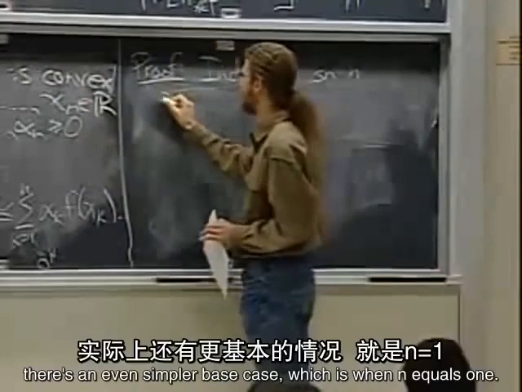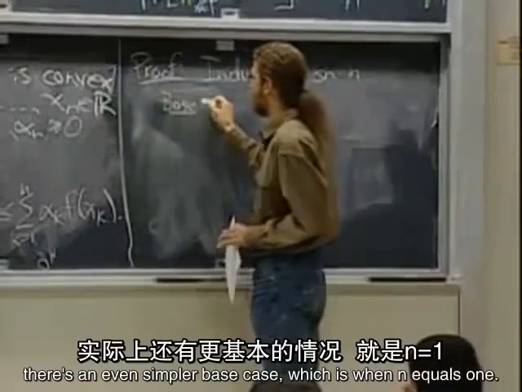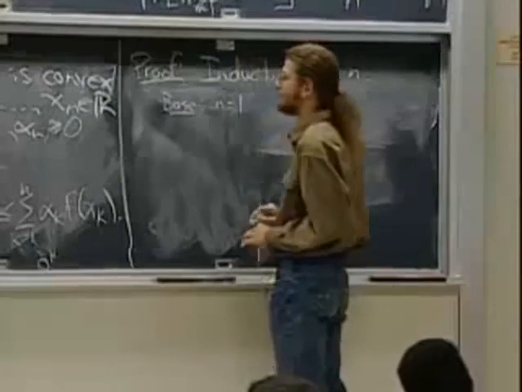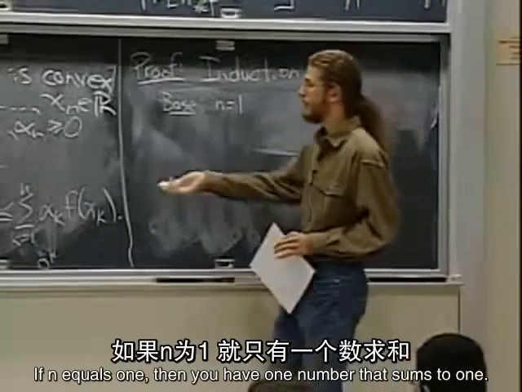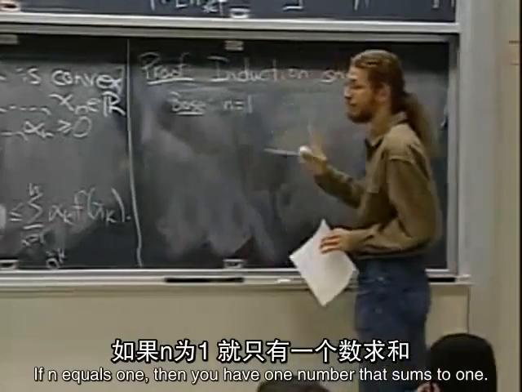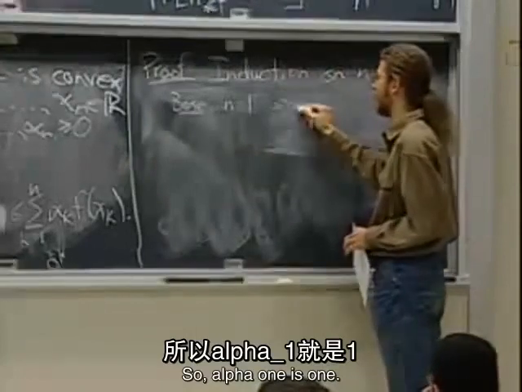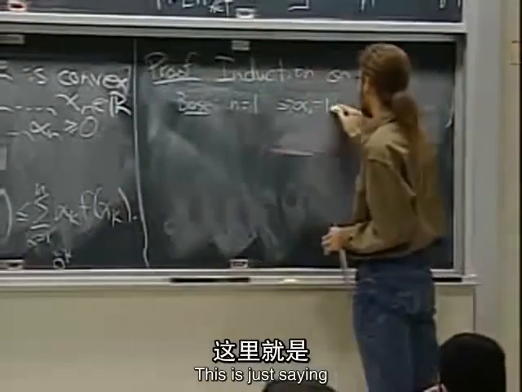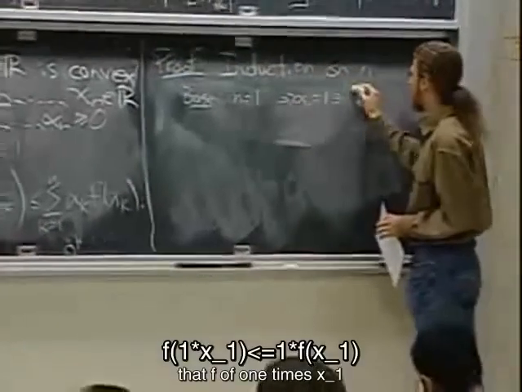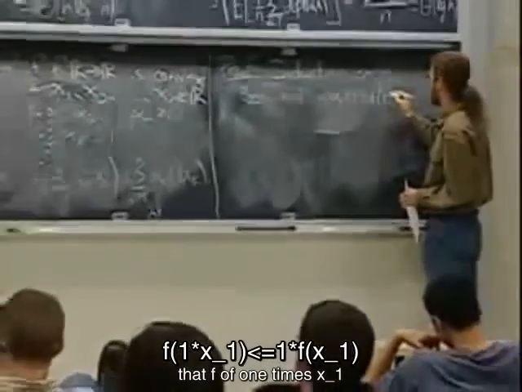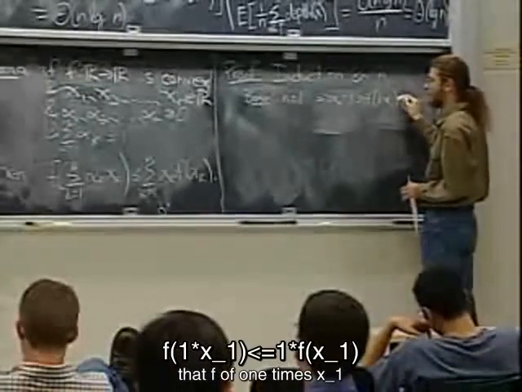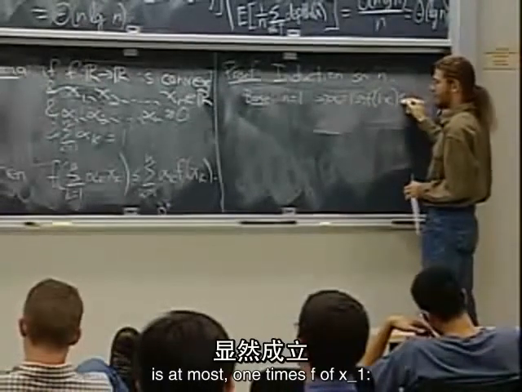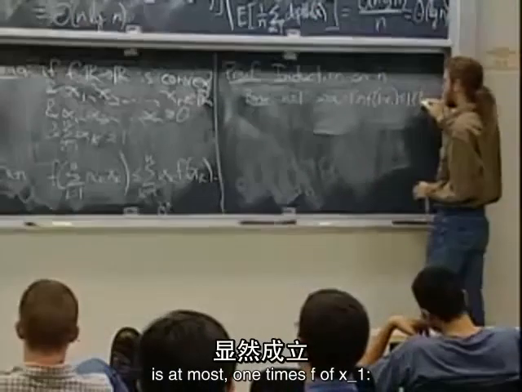In fact, there's an even simpler base case, which is when n equals 1. If n equals 1, then you have one number that sums to 1, so alpha 1 is 1. And so nothing's going on here. This is just saying that f of 1 times x1 is at most 1 times f of x1.